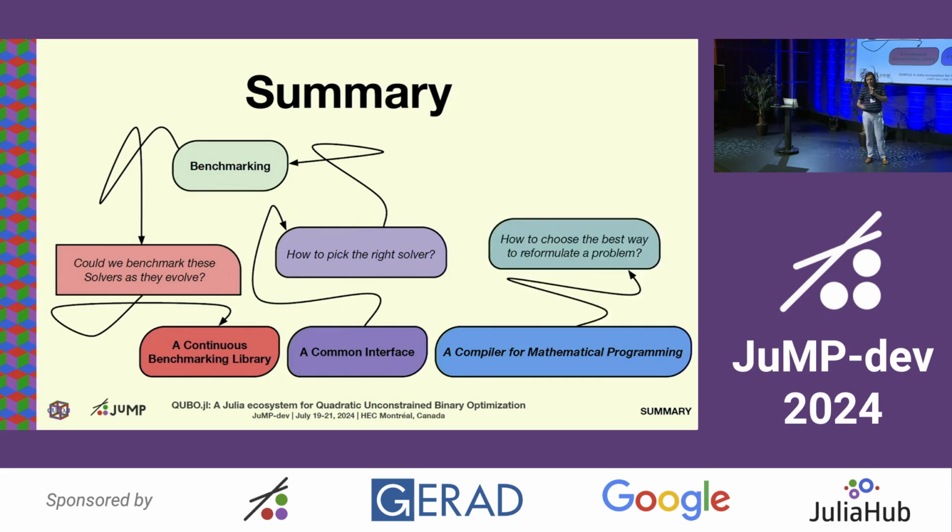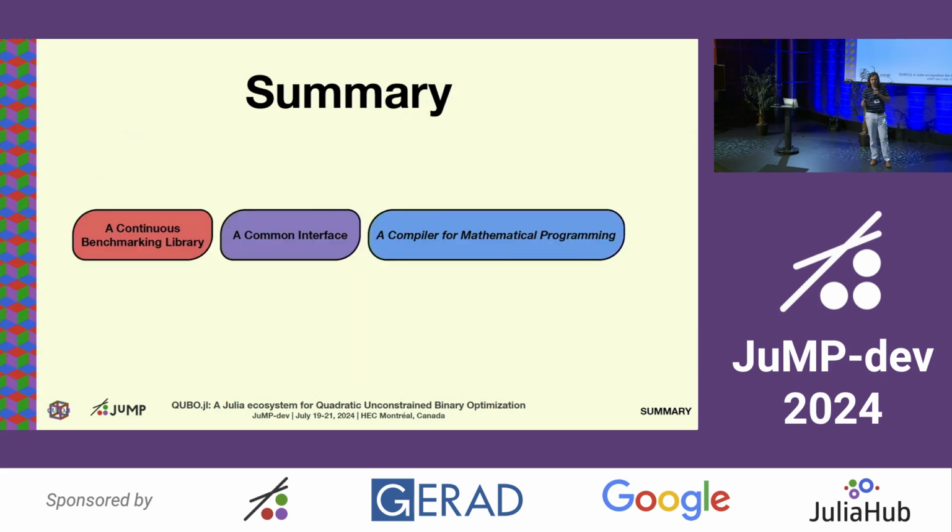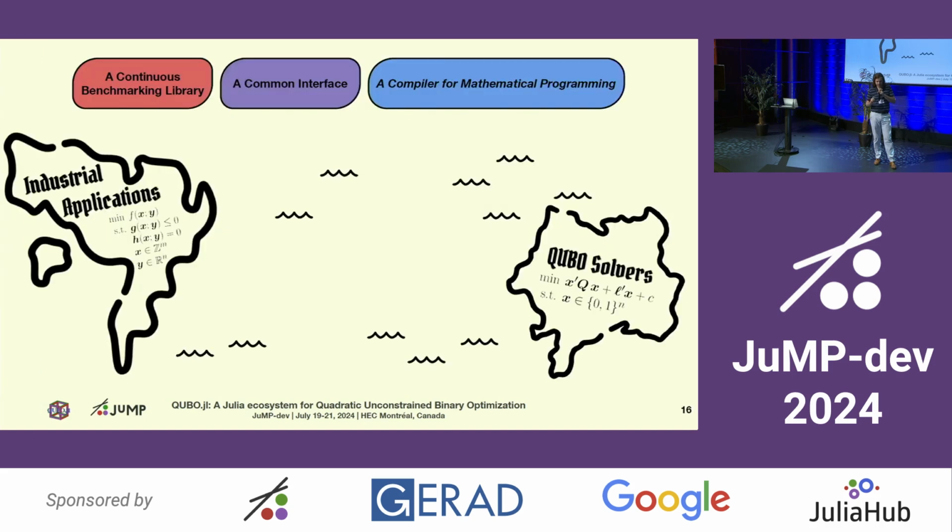On the other side, we want to choose the best way to reformulate a problem, because there are many ways to do so, and this leads to architecture-specific compilation of those problems and goes back to benchmarking again. So in the end, we hope to arrive at these three products, and we are going to discuss how we arrive at that.